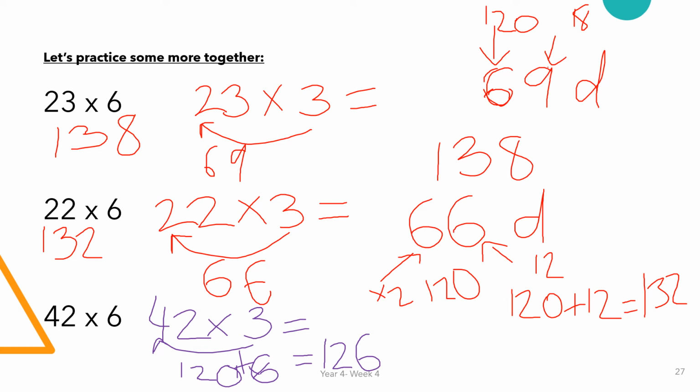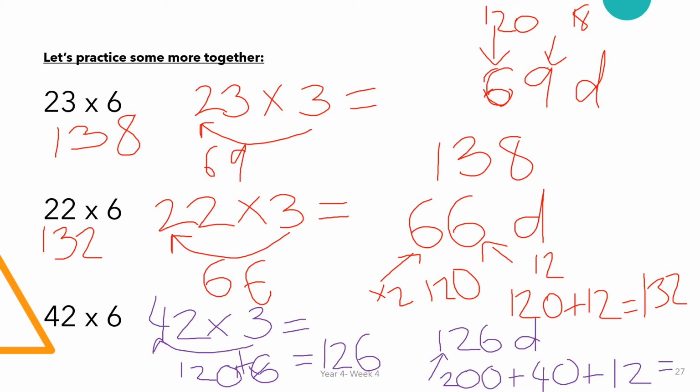Now we need to double this. So 126 doubled. We've got 100 times by 2 is 200, plus the 20 doubled, which is 40, and then we've got 6 doubled, which is 12.